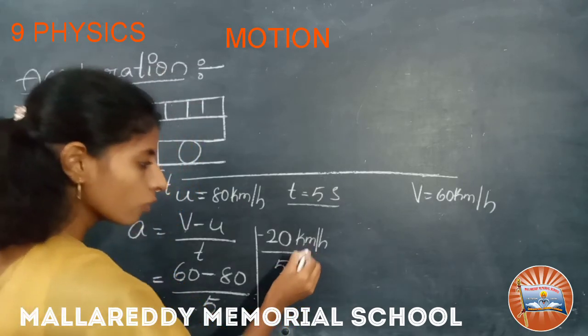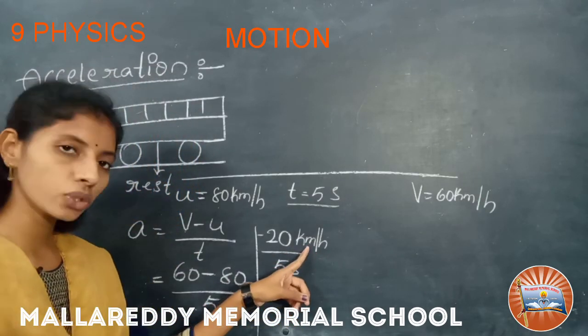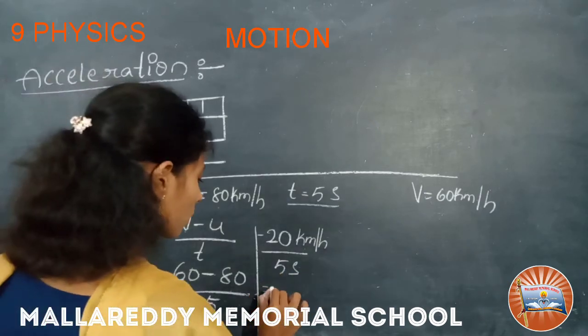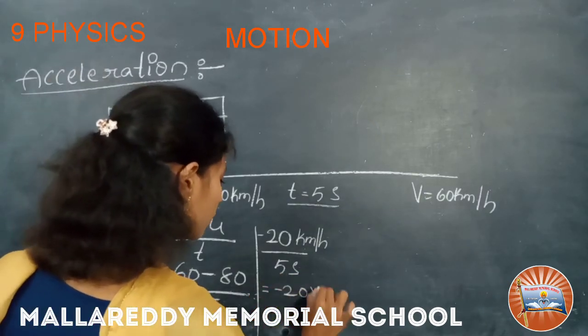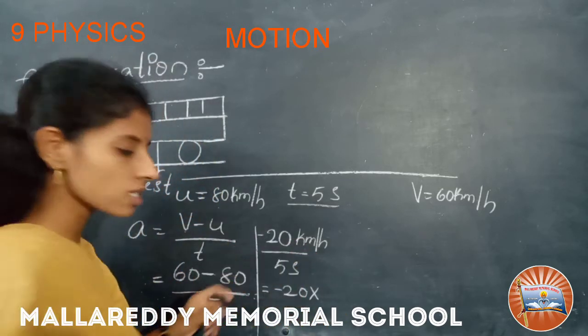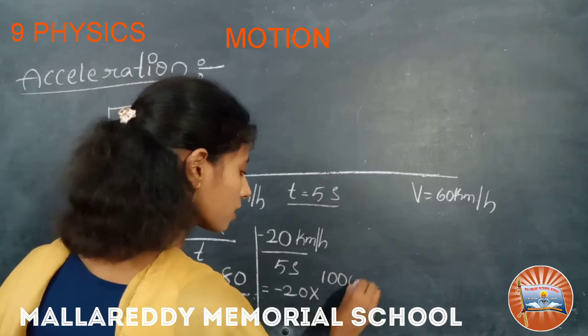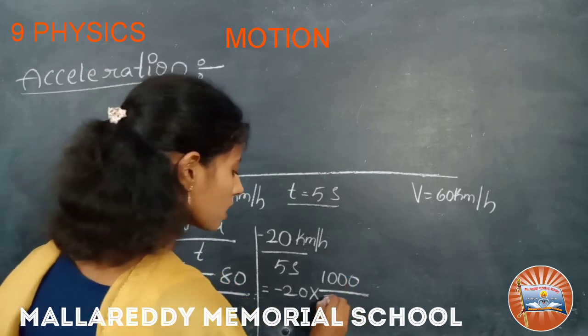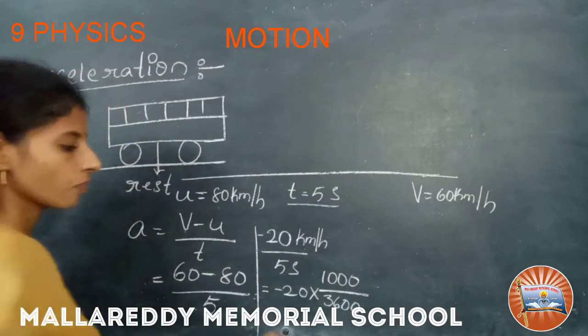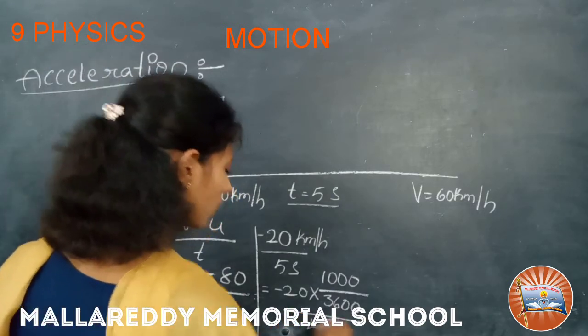Here we have to convert kilometers into meters and hours into seconds. So 20 into kilometers. When we want to convert into meters, we take 1000 meters, and the hour is 3600 seconds, by 5.